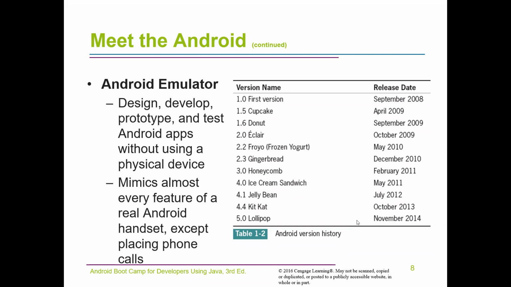Okay, and we have Cupcake 2009, Donut, Eclair, Froyo or Frozen Yogurt, Gingerbread, Honeycomb, Ice Cream Sandwich, Jelly Bean, Kit Kat, Lollipop. Those are the version names of how Android mobile phones were created. Of course, it depends on the developer who made those things.